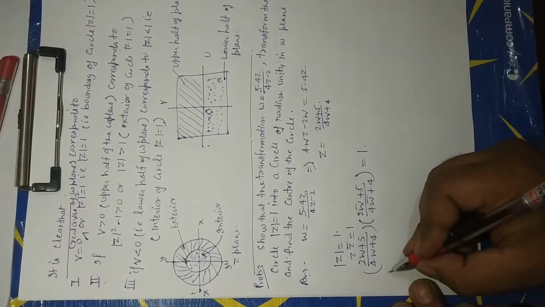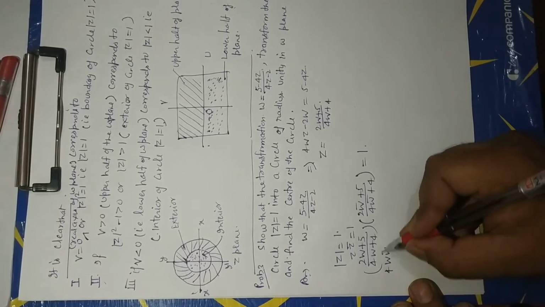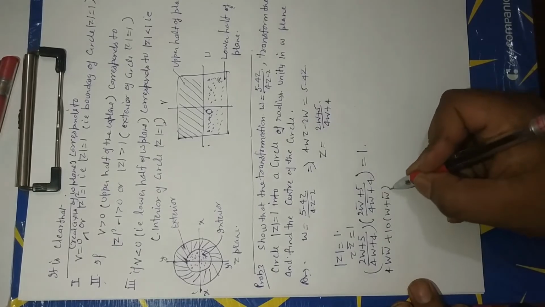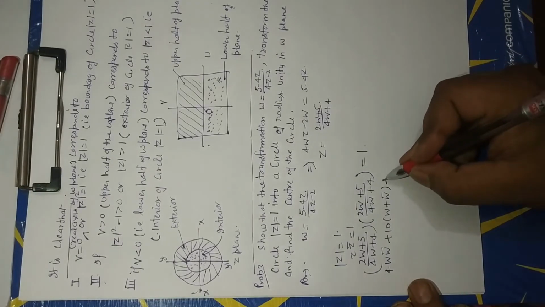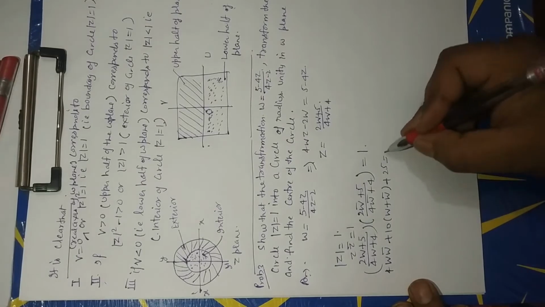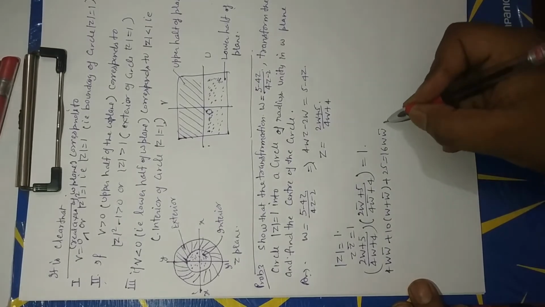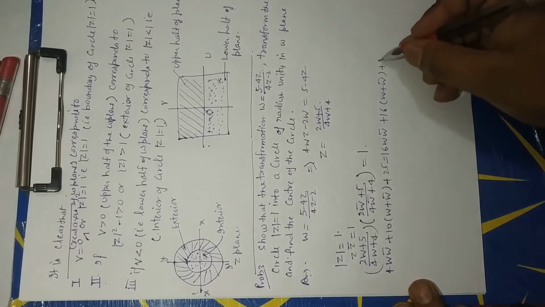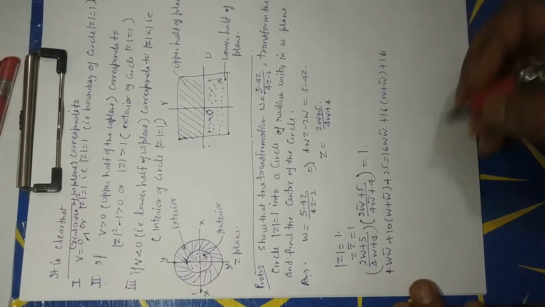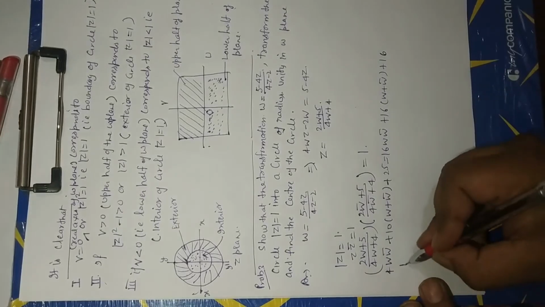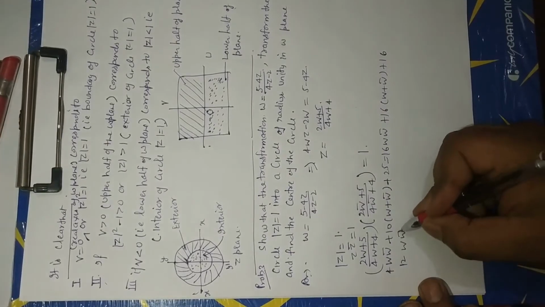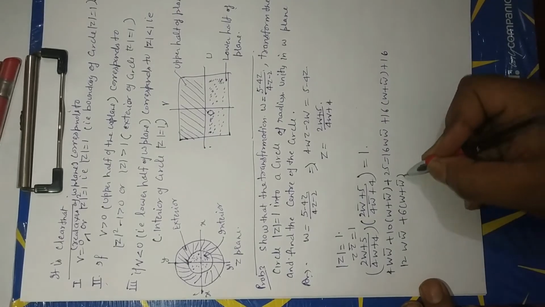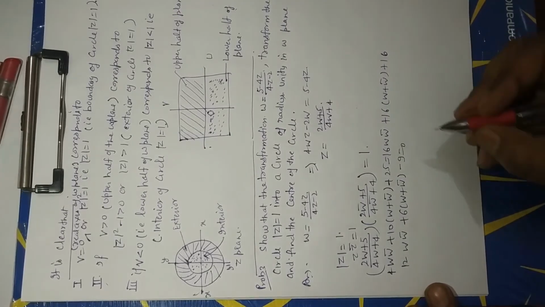Now we solve: 4W W bar plus 10(W plus W bar) plus 25 equals 16 W W bar plus 16(W plus W bar) plus 16. Now solving, we get 12 W W bar plus 6(W plus W bar) minus 9 equals 0.